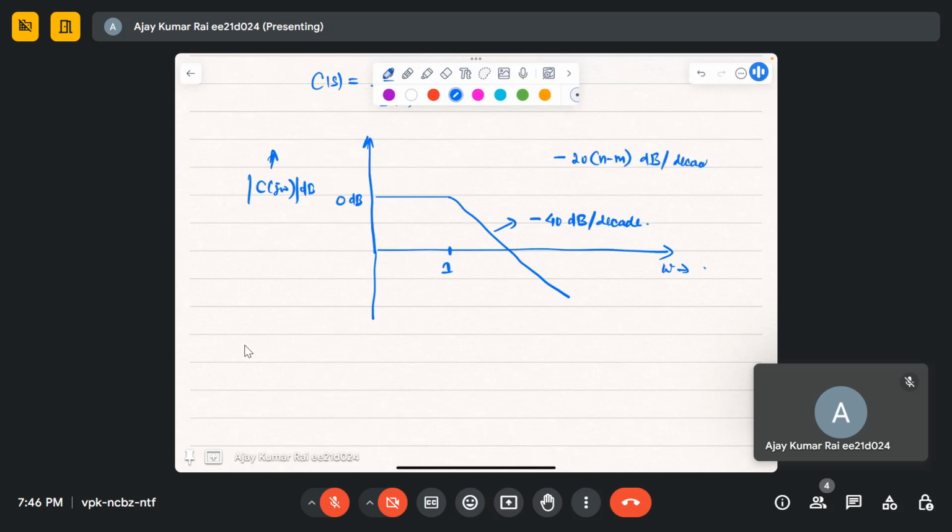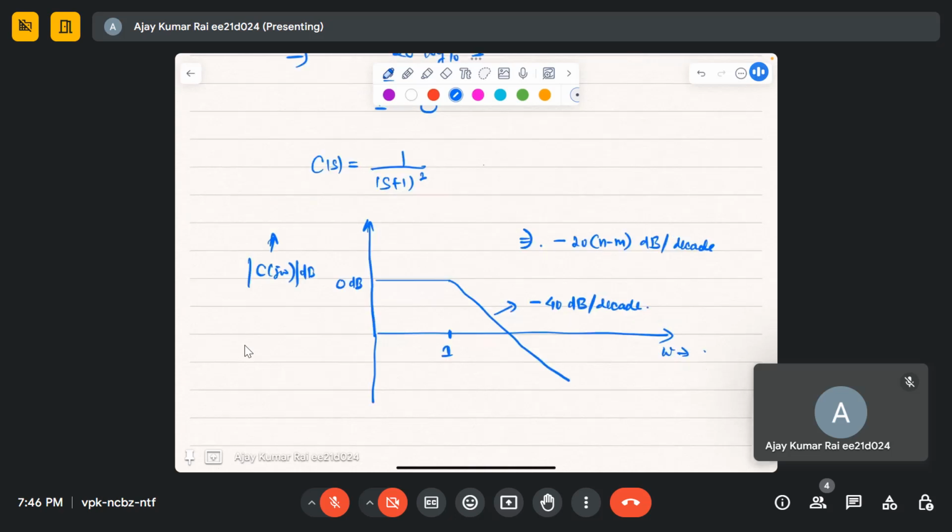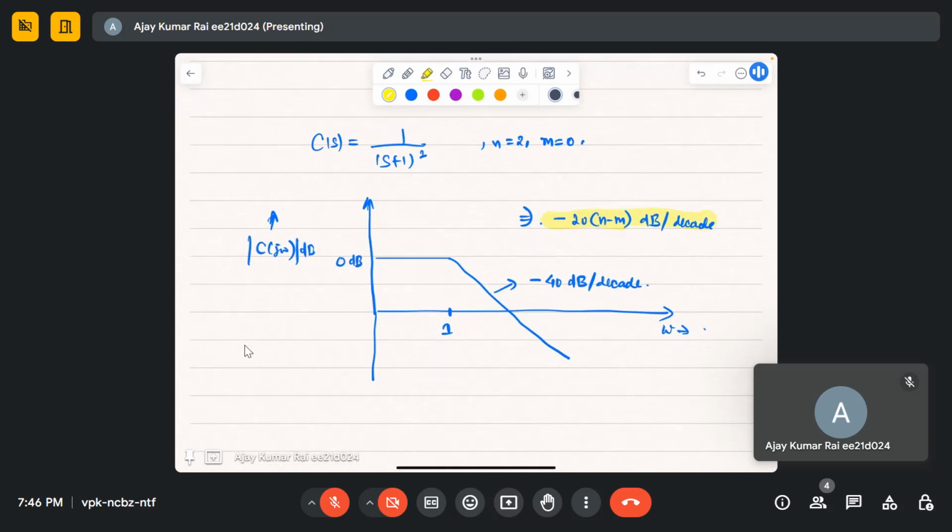This was the formula for the high frequency asymptote. Here n is equal to 2 and m is equal to 0, so you'll get minus 20 into 2, that's minus 40 dB per decade.